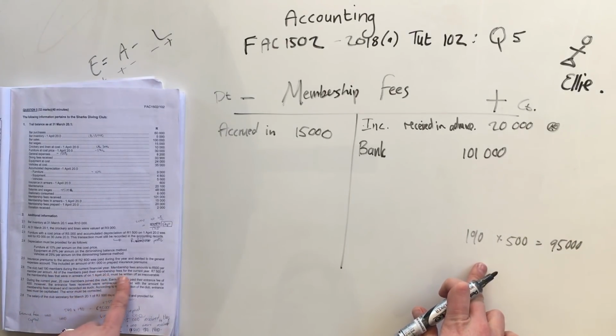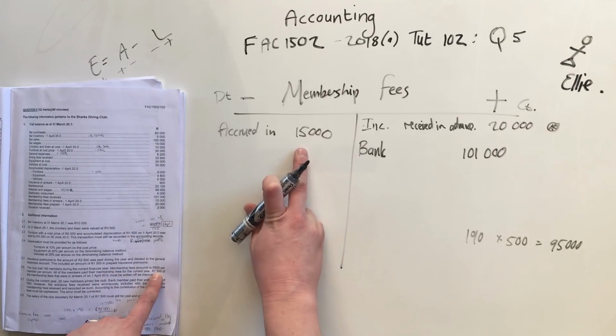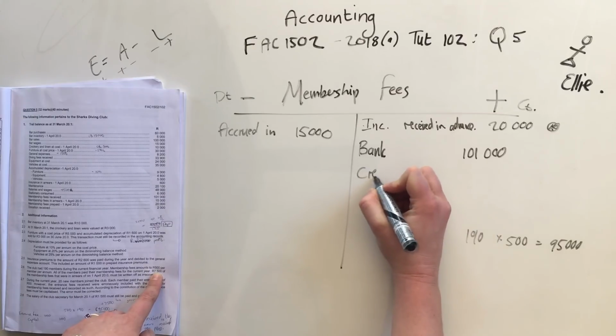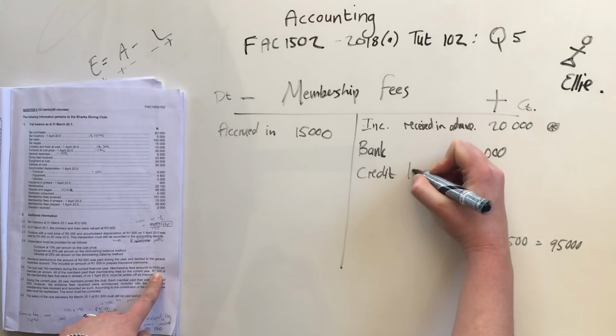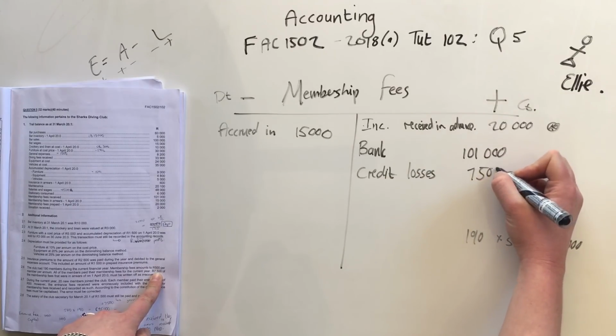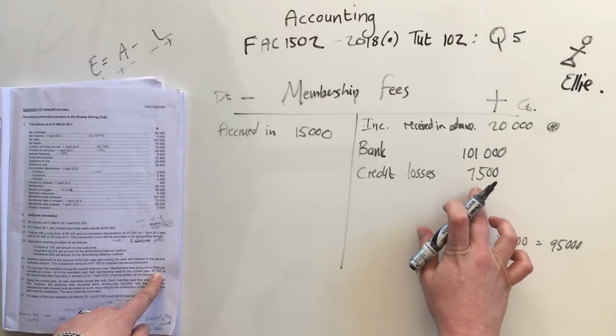All of the members pay the membership fees for the current year. 7,500 of the membership fees that were in arrears at the beginning of the year must be written off as irrecoverable. So I'm going to write it this side, and this is credit losses of 7,500. So we have credit losses on this side.